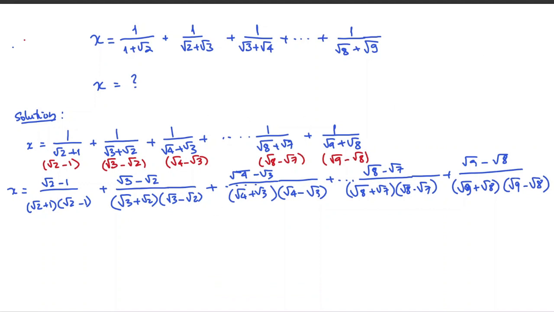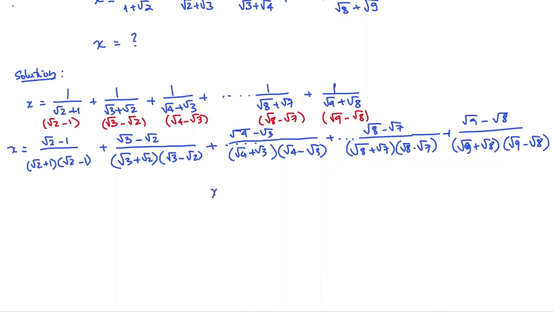Then it would be square root 9 plus square root 8 times square root 9 minus square root 8. If we have x plus y times x minus y, this would be x squared minus y squared. Because of that, now in the expression x, we would see that on the top we still have square root 2 minus 1, but here square root 2 plus 1 times square root 2 minus 1 is going to be square root 2 squared minus 1 squared.